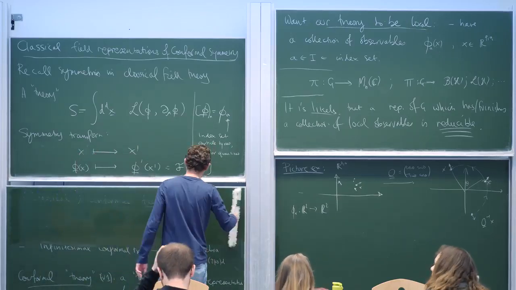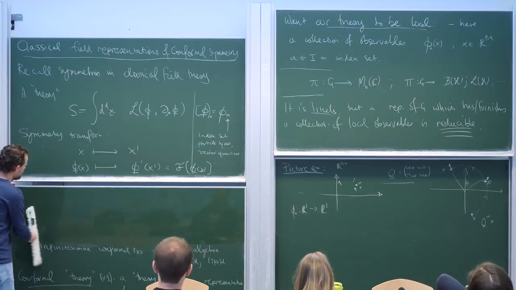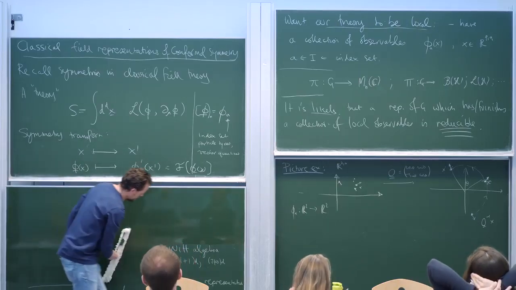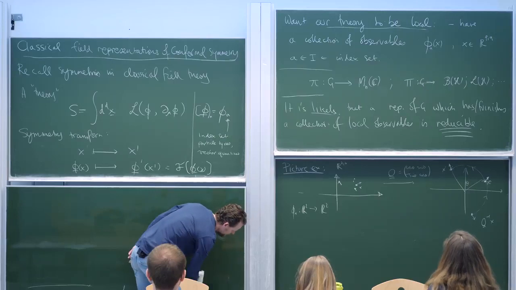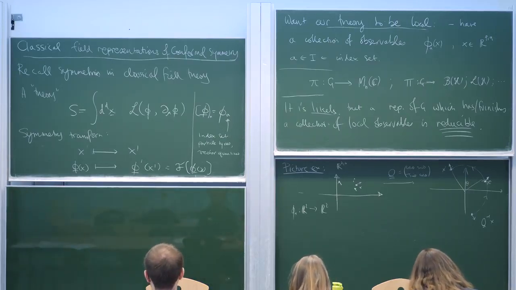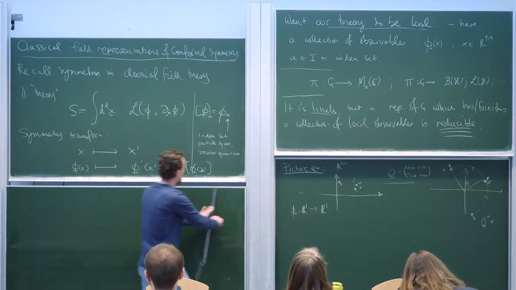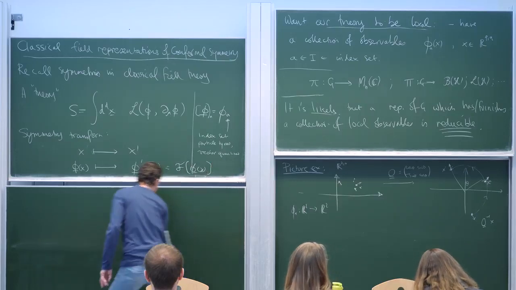So I'll leave that there for a second. Think about that picture. So the field that is now at x after the transformation is equal to the field that was at O inverse x, plus perhaps additional stuff happening on the index A. So I'm going to write that out.